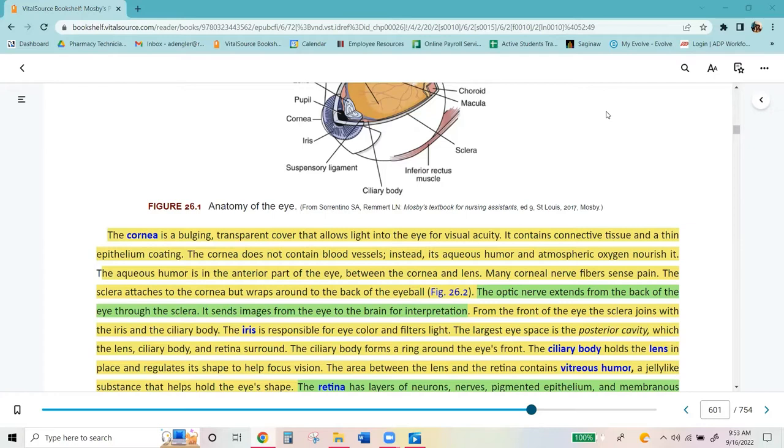From the front of the eye, the sclera joins with the iris and the ciliary body. The iris is responsible for eye color and it filters light. The largest eye space is the posterior cavity, which the lens, ciliary body, and the retina surround. The ciliary body forms a ring around the eye's front. It holds the lens in place and regulates its shape to help focus vision.